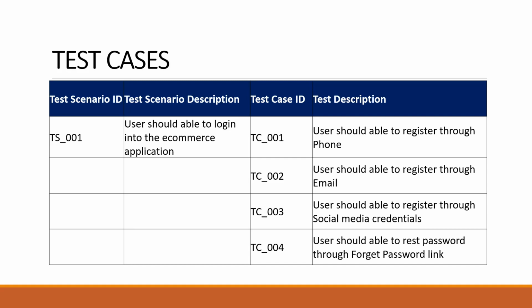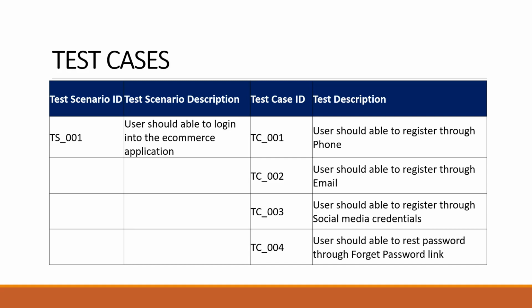How will he retrieve the password? So for one test scenario, there are four test cases we have designed, right? These are not the complete test cases, but this is the test description we have defined.